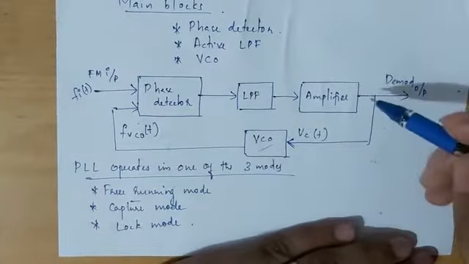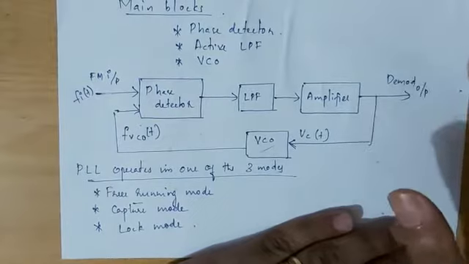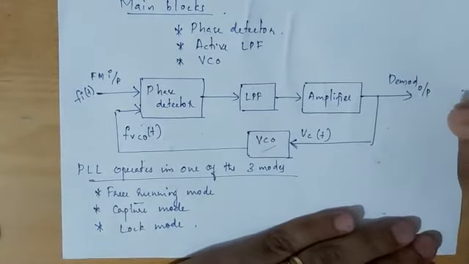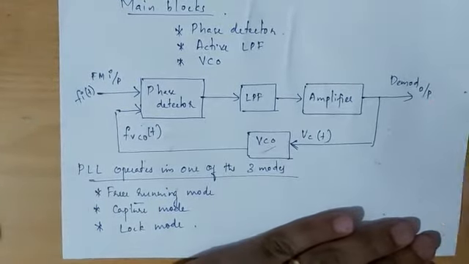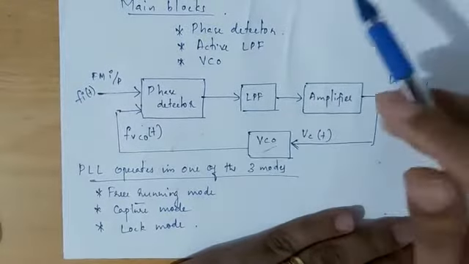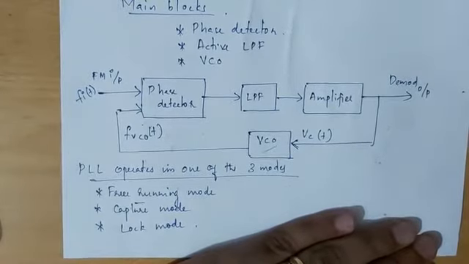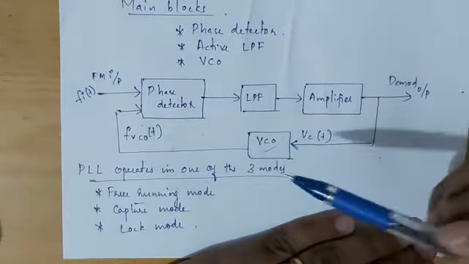That means it will produce a voltage having a certain fixed, particular frequency. If you are not giving any input here, it will generate a signal with a particular frequency. That is called free running mode.